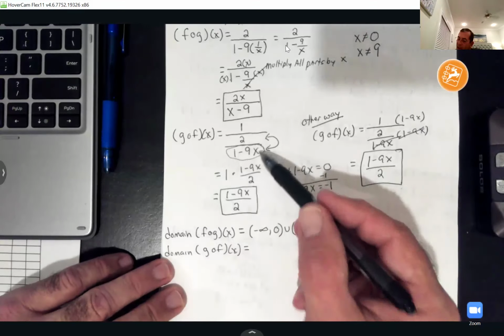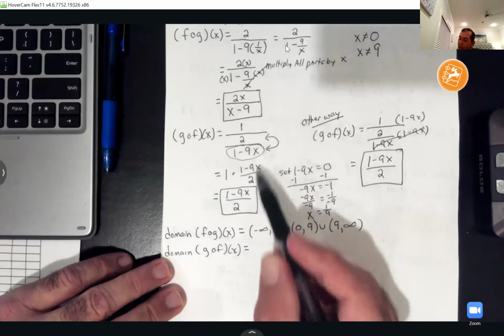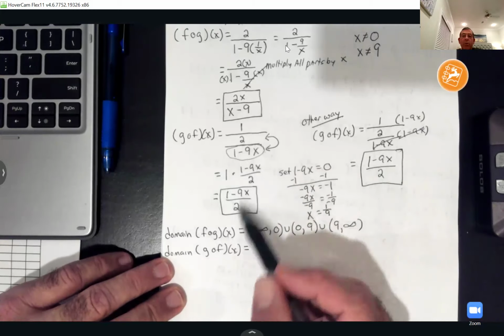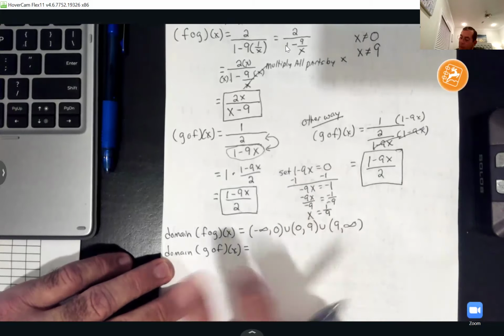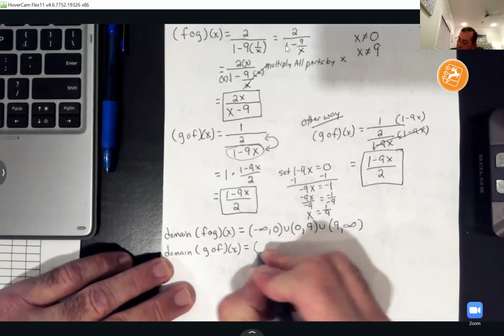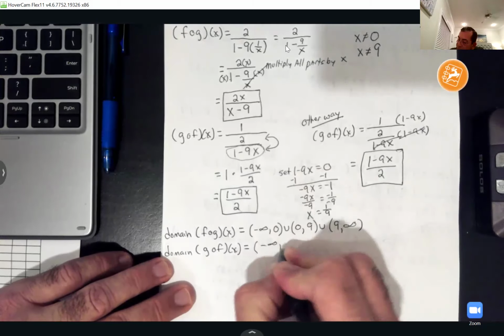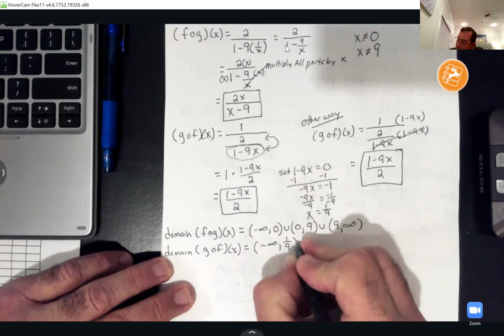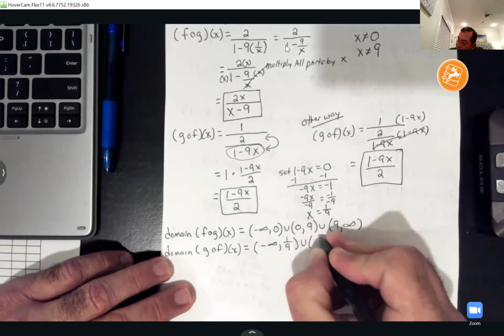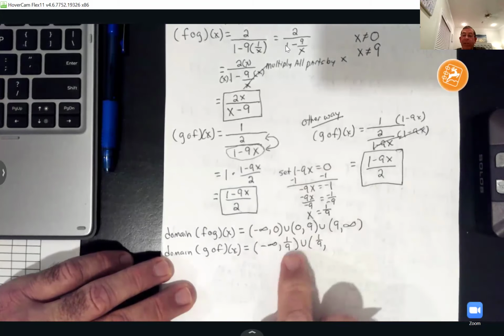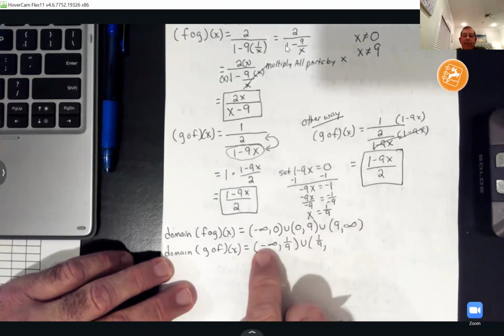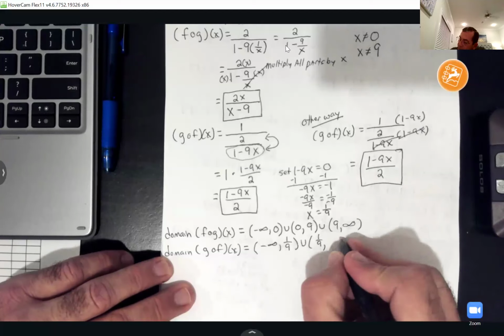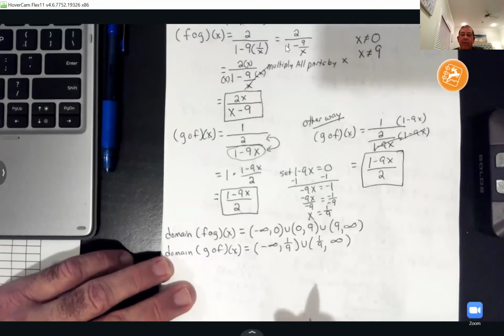And y'all, on this one, that's the only number I got to kick out because everywhere else, I got 2's on the bottom, okay? So that means this one will start at negative infinity until we hit 1/9. Union around that 1/9. So we just kicked out 1/9 and we're headed towards positive infinity.